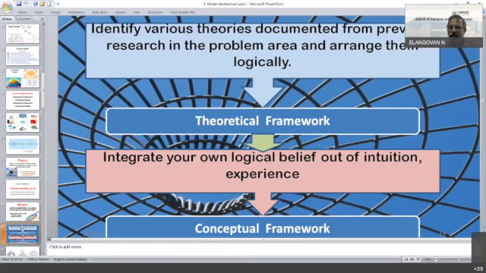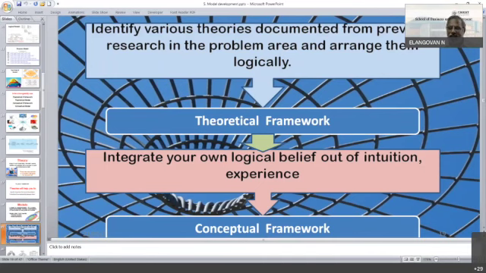That is what Prakash sir and the other participant were telling. So a conceptual model is something that I want to test, but a theoretical model is something that is already tested.